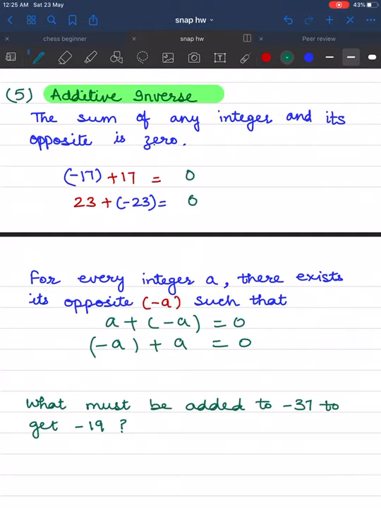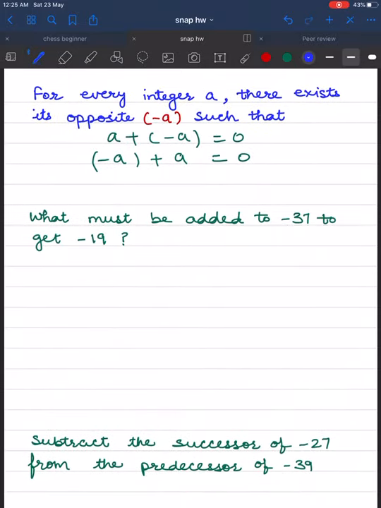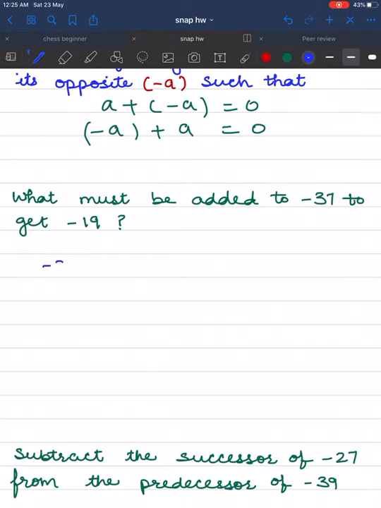Now let's do some questions. First, what must be added to minus 37 to get minus 19? So we have to add something to minus 37 to get minus 19.